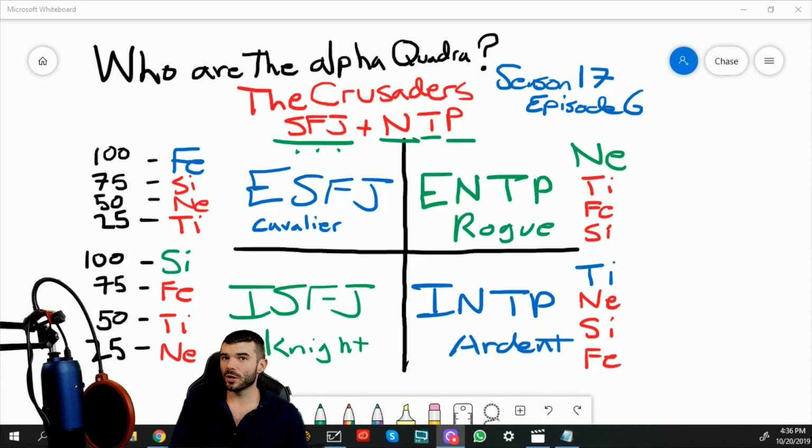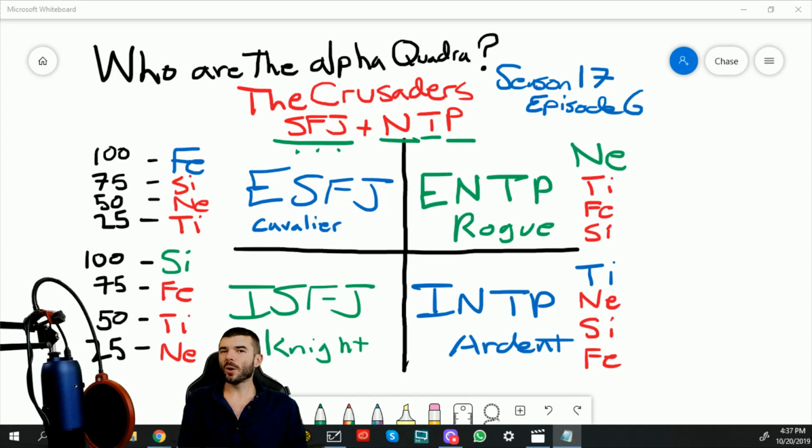That's completely different. Your quadra is the other three types that share the same cognitive functions that you do. It just may be in a different order or in a different awareness within their cognitive function stacks within their ego. I just want to make that very clear before we continue. It's absolutely critical that we know that. So anyway, let's continue.